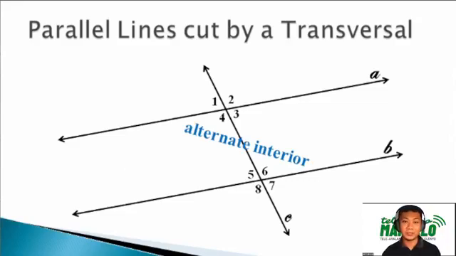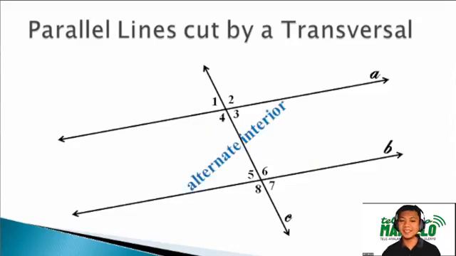We can also have another pair, angle 3 and angle 5. They are alternate interior angles and they are congruent. If angle 3 is equal to 75 degrees, therefore, angle 5 is also equal to 75 degrees, for example.